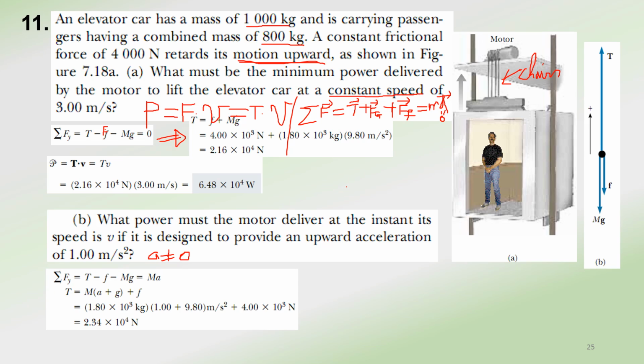Here the tension is always positive, the friction force is negative, and the force of gravity is negative. This is equal to the mass times acceleration. Then we have the new tension. After getting the new tension, we need to multiply by the velocity.